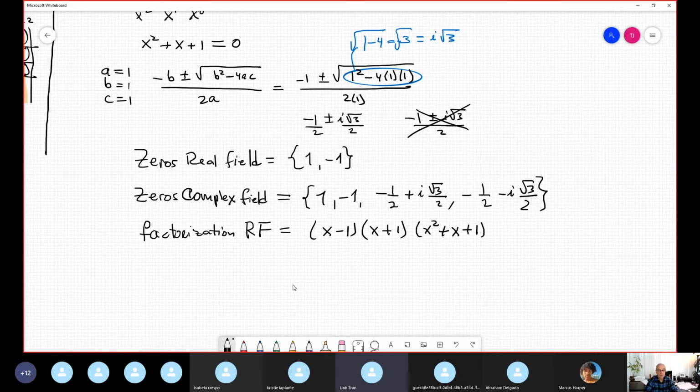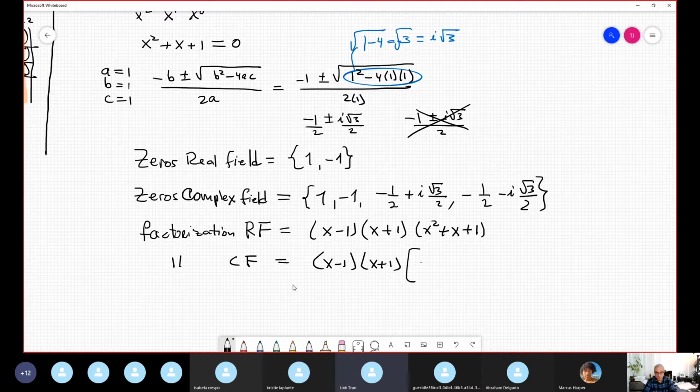Just this. Okay? It's a factorization. Nice. The factorization in the complex field is similar: x minus 1, x plus 1, and you break down this quadratic using this case.